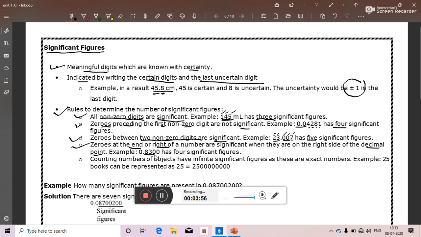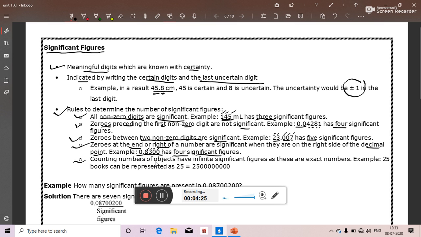But if we are having zeros after non-zero digits along with the decimal point anywhere in a number, then you have to count them. So here we will see that 1 2 3 4. So we are having 4 significant figures.